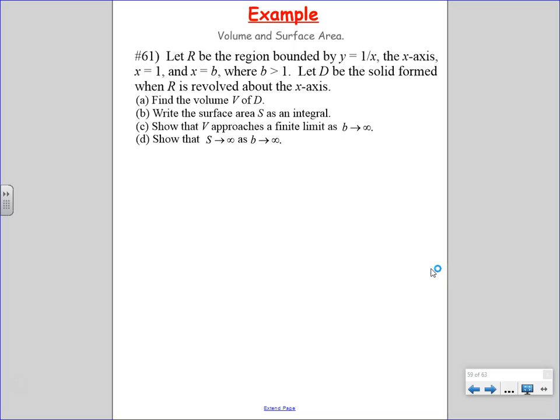You guys visualizing? This is an interesting problem because this figure, according to the problems, has a finite volume as you go to infinity, but an infinite surface area.